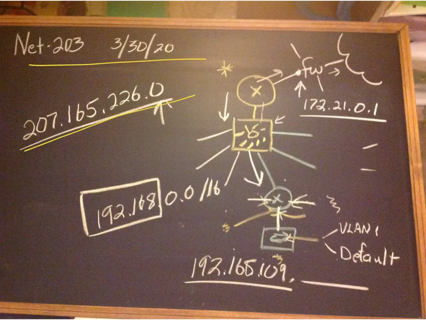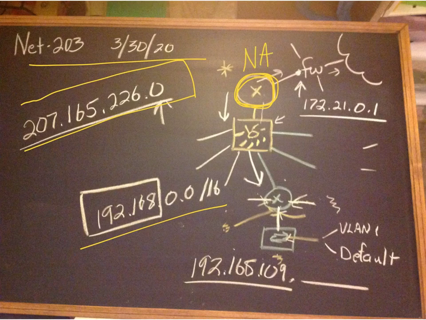We talked about our public address on campus, and about public and private addresses. We talked a little bit about the lab work here. This is where I reviewed this router. This router is doing network address translation, so it converts all of our 192.168 addresses to a 172.21 address, and it allows us to communicate out to the firewall.